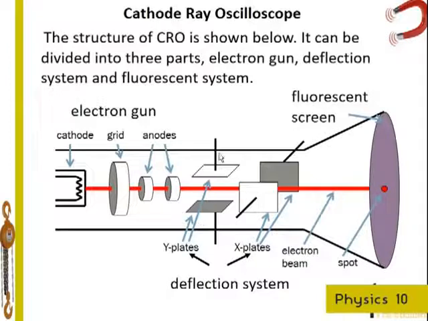And the voltage across the plates will determine how this beam is deflected, whether it's deflected upwards or downwards, or to the left or to the right. And then when the electron beam actually hits the screen, it interacts with the screen because the screen is a fluorescent screen, and what you'll get is a bright spot.